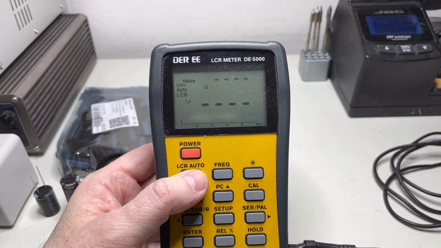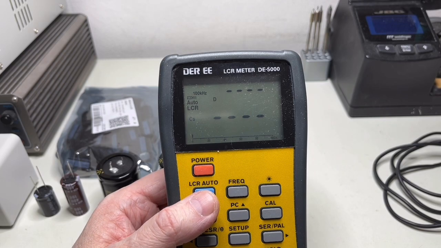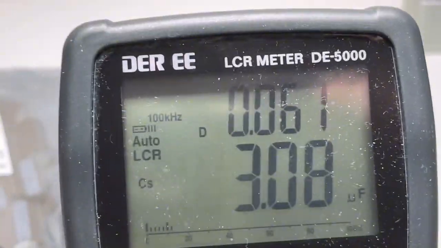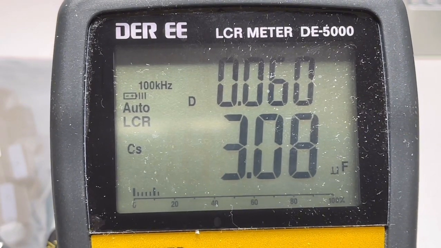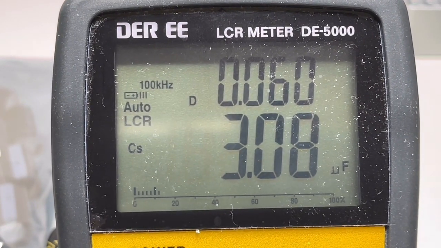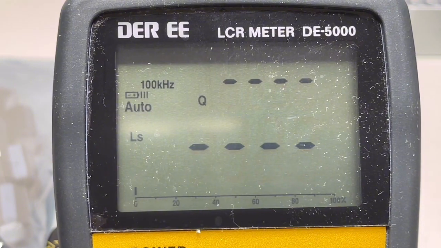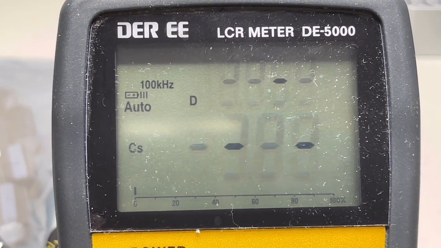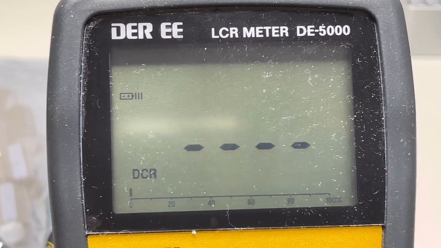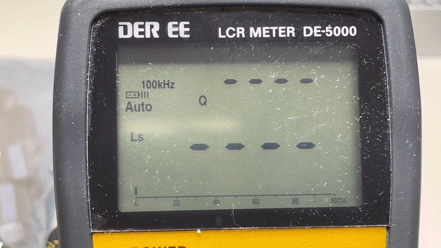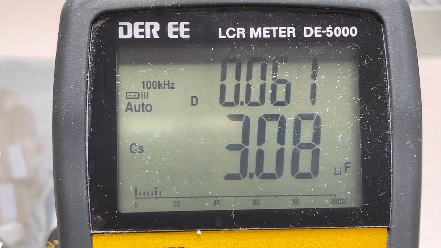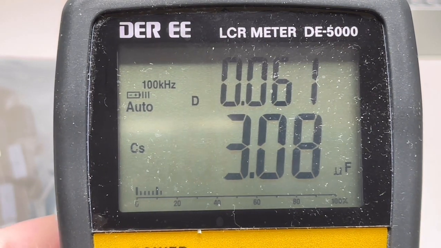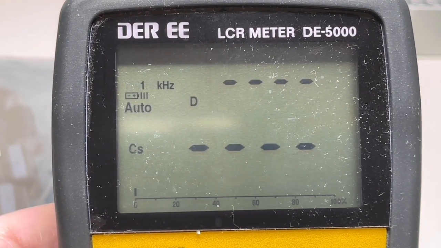Let's go again to, sorry guys, ESR. Let's go again to, this is the only cumbersome thing of this instrument. I hate that it doesn't stay where it should be. Anyway, let's go to a frequency of 10 kilohertz again.